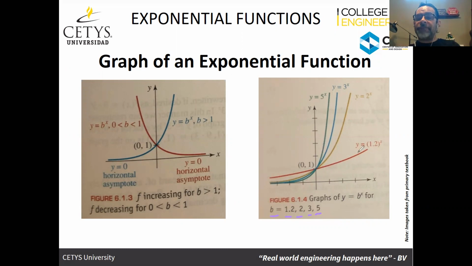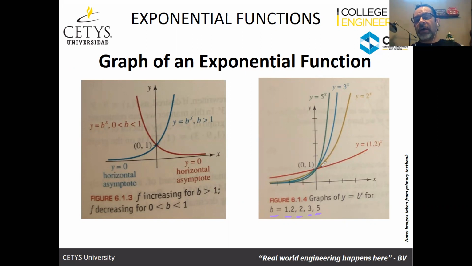So if the base increases, it's going to start getting closer to the y-axis. What does that actually mean? If the base increases or is larger, it means that the exponential growth is larger also, or quicker. And so we notice that the graph for b equals 1.2 is flatter than the graph for b equals 5.